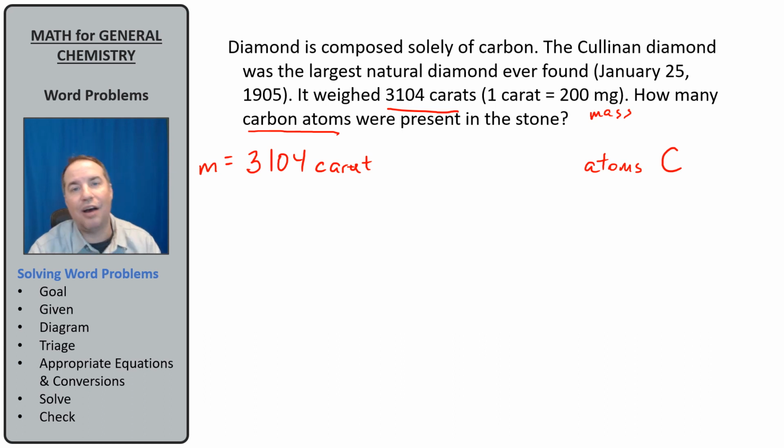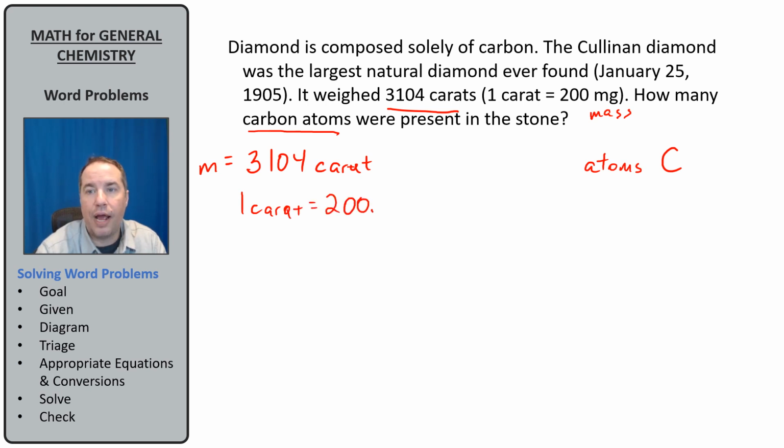Sometimes it's not going to tell you, hey, it's a mass or it's a volume, but if you look at the units, that can tell you what kind of measure it is, okay? So we have a mass of 3,104 carats. We're told that 1 carat equals 200 milligrams, and then we're given a date.